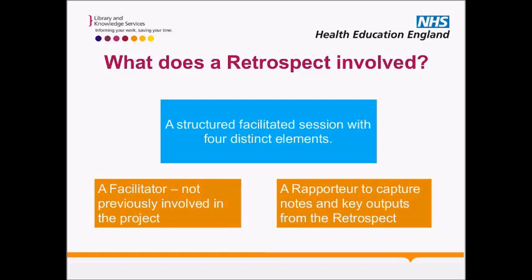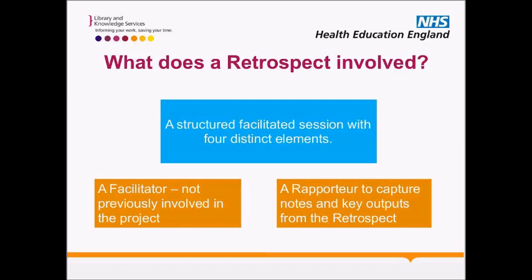Fundamentally, a retrospect is a structured, facilitated session, and it's got four very distinct elements, and we'll look at those in a moment. There will always be a facilitator. Usually the facilitator has not previously been involved in the project, so they come to it new. And it's usually very helpful to have a rapporteur to capture the notes and the key outputs from the retrospect.